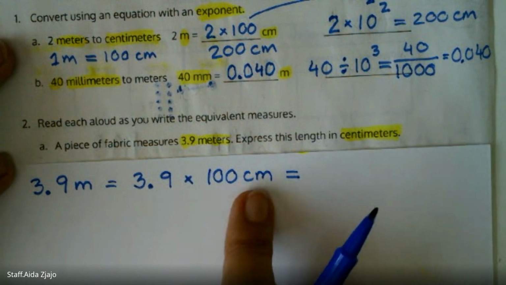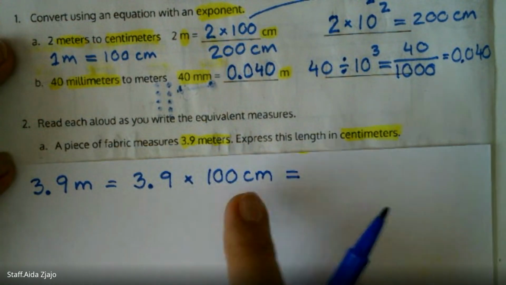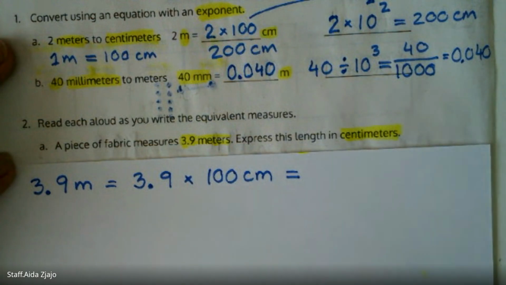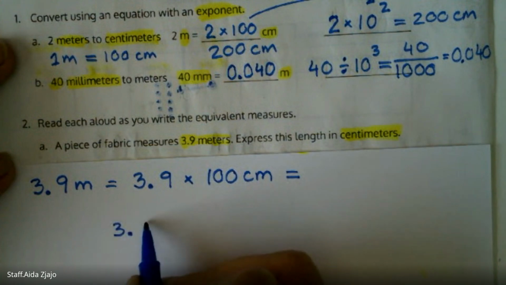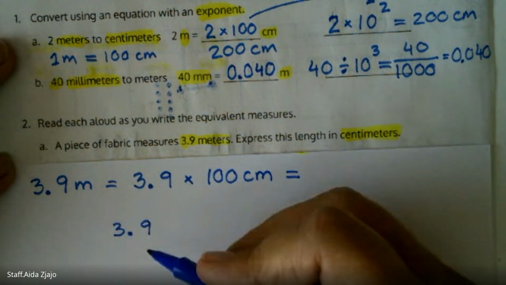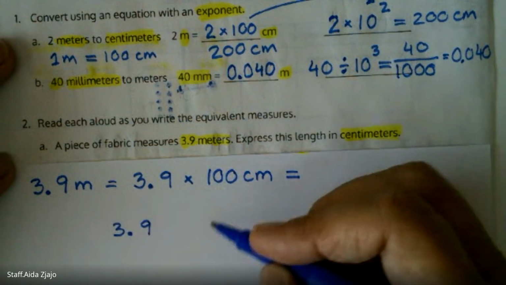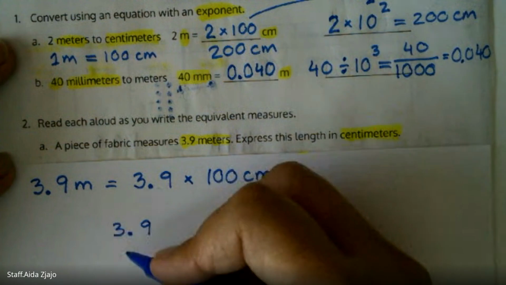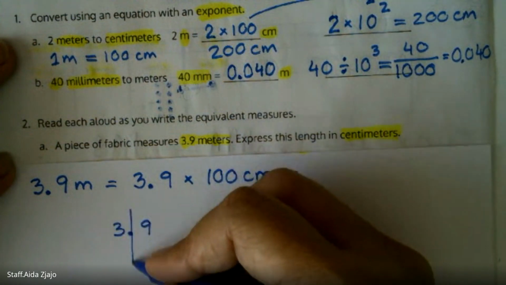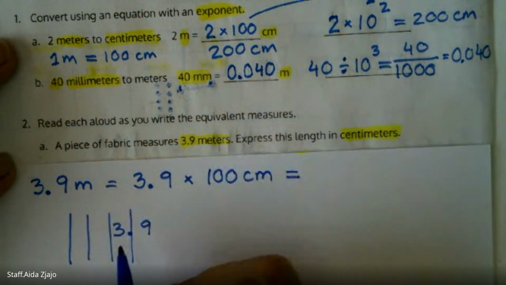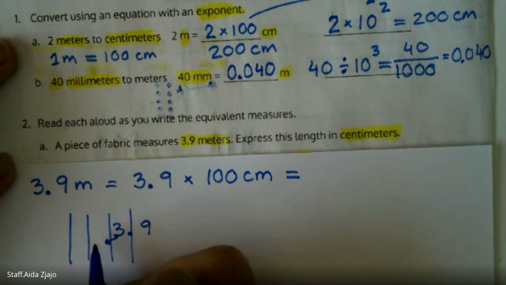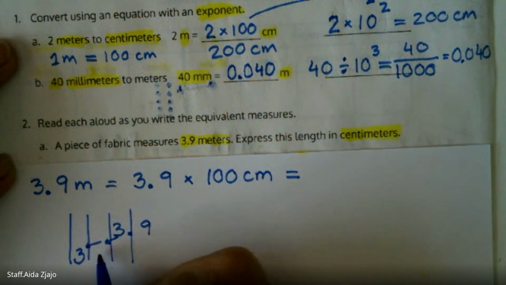Now when you know that the value is going to grow 100 times, you can use your knowledge of the place value chart. If I take this 3.9, the number is going to get 100 times bigger. So I'm going to draw my lines. It's going to be 1 times, 2 times. So 3 is going to be here, and then 9 is going to be here, and then 0.